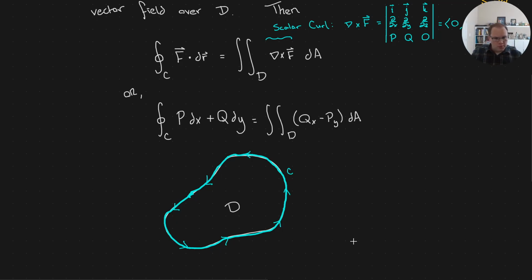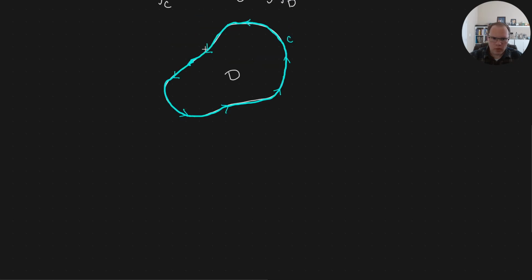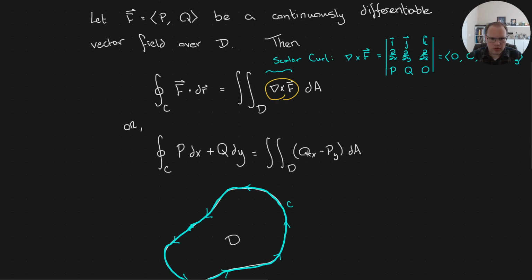I'm not going to do a full formal proof. It's kind of complicated, but the essential idea of it is pretty straightforward to understand. We've learned how to think about curl in a discrete way. If I think about a point and draw a box around that point, then the curl at that point we can estimate with the circulation around that little box.